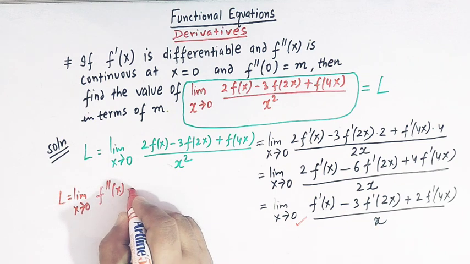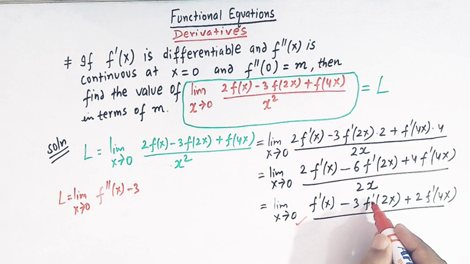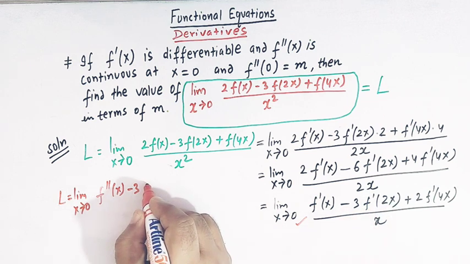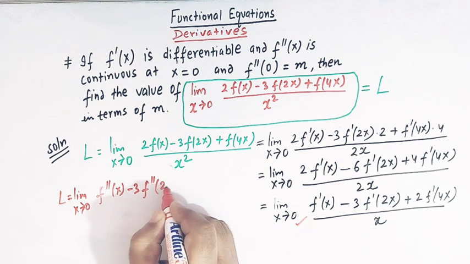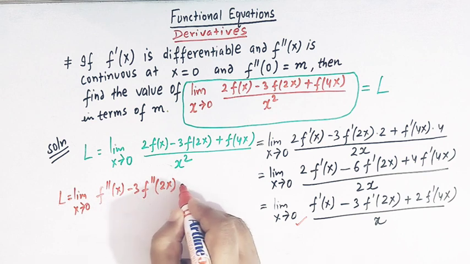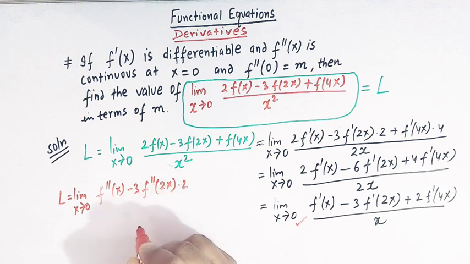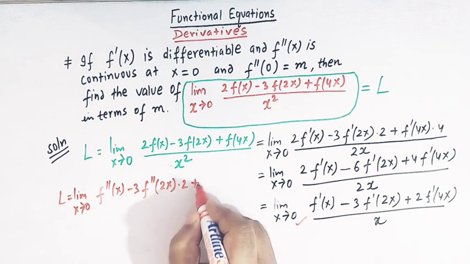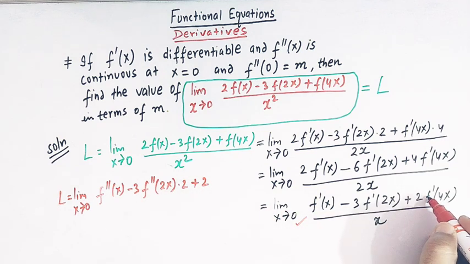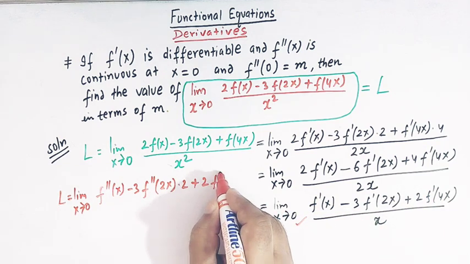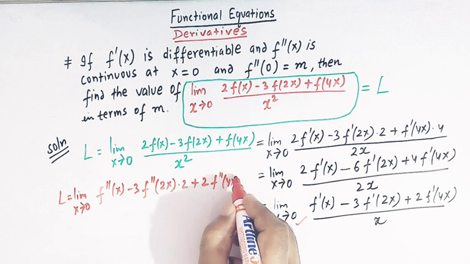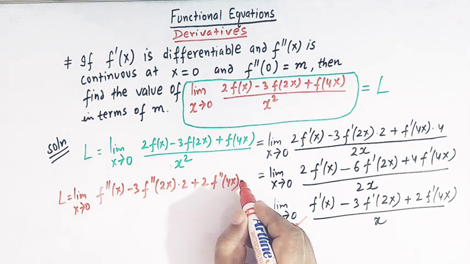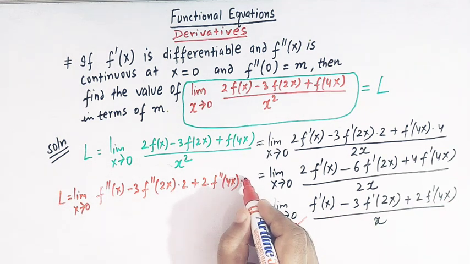Then we have minus 3 times the derivative of f prime of 2x, which is f double prime of 2x, and the chain rule gives the factor 2. Then the derivative of f prime of 4x is f double prime of 4x, with the chain rule factor 4.